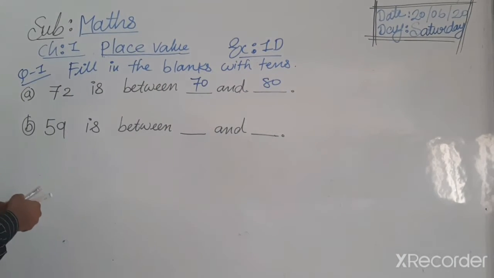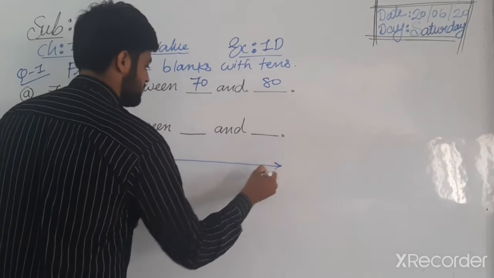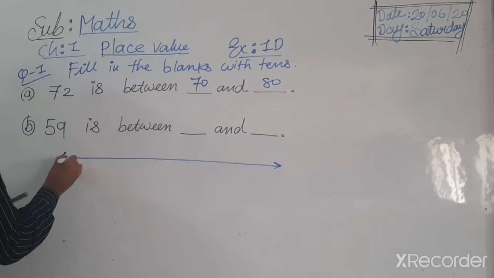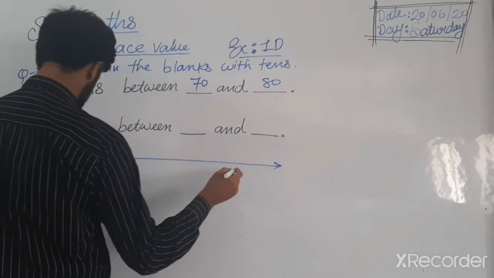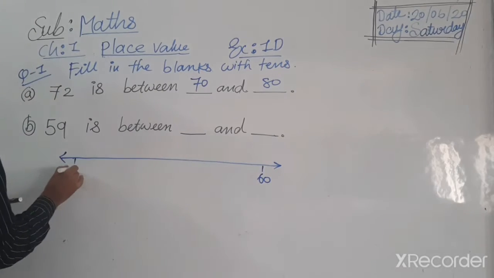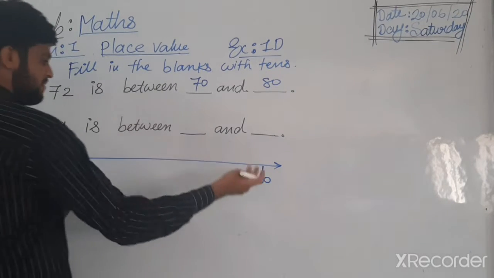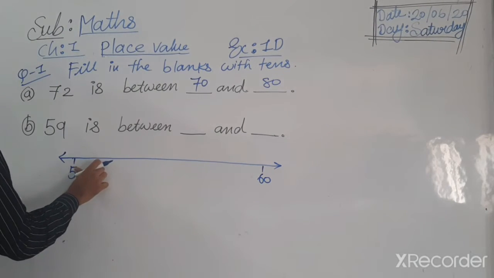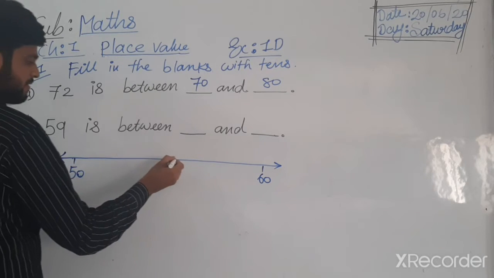So now we are checking on the number line. 59 is before 60 and after 50. The second step is to find the halfway point.